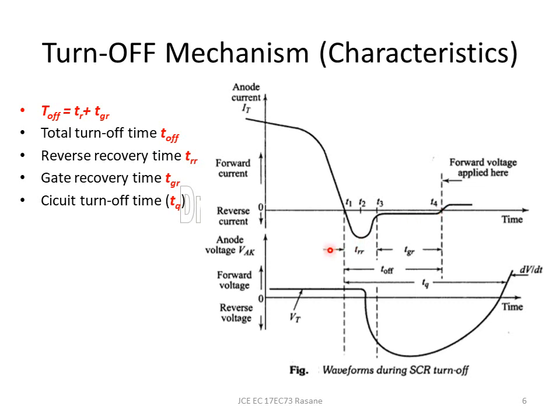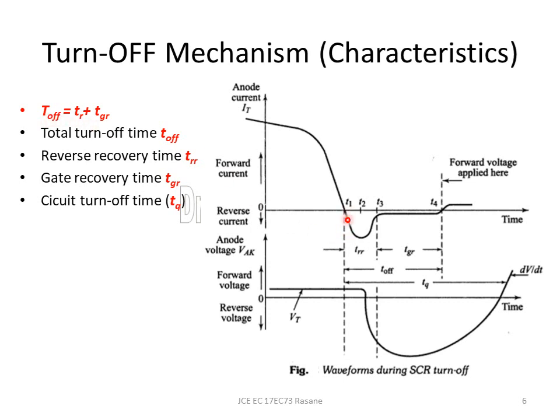So the turn-off time is between T1 and T4, and the region from T1 to T3 we call the reverse recovery time, TRR, and this is called the gate recovery time, TGR, and the total turn-off time is T off.